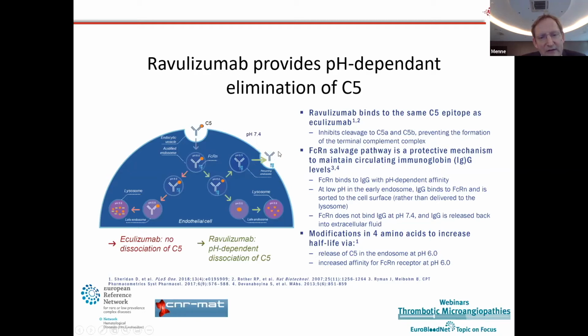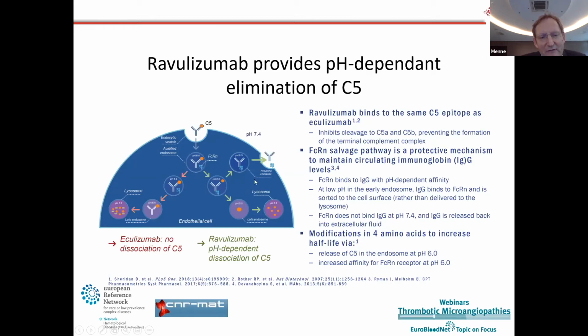And at the surface, at the pH of 7.4, it dissociates from the FC receptor and then the antibody is going back into the circulation. The complement that is still in will be destroyed, the C5 will just be destroyed. And so you just recirculate, so it's very ecologic.